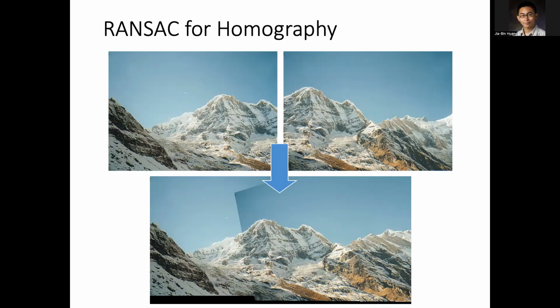If you sample, say, 10 pairs and fit a homography, then the probability that all 10 pairs are inliers is going to be lower. Which means that you need to draw more samples, more trials, to get a good hypothesis. So that's why you need to keep the minimum, because you don't know the inliers and outliers.